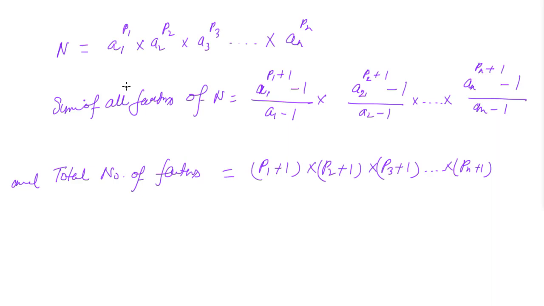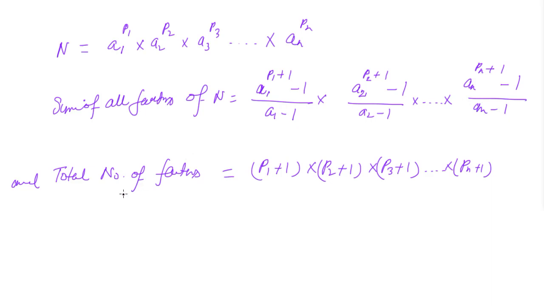By using the previous results we can find the sum of all factors of n equals a1 to the p1 plus 1 minus 1 by a1 minus 1, times a2 to the p2 plus 1 minus 1 by a2 minus 1, and so on up to an to the pn plus 1 minus 1 by an minus 1.